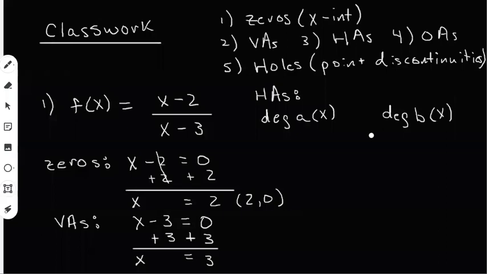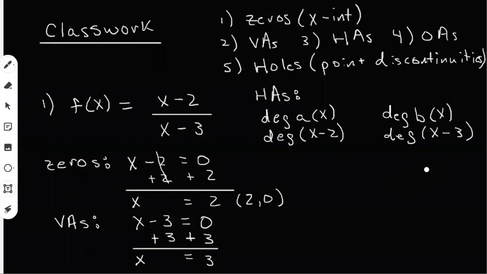Okay, so when we look at the degree on the top, we're really looking at the degree of x minus 2, right? So I'm going to write degree of x minus 2. And then when I consider the degree of the bottom, b of x, I'm really considering the degree of x minus 3. And we're just looking at the highest exponent, right? That's what degree means.